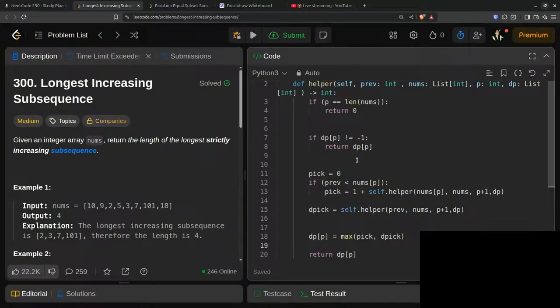DP 0 and DP 1 is not equal to -1. That means both of the don't pick and pick have been calculated.